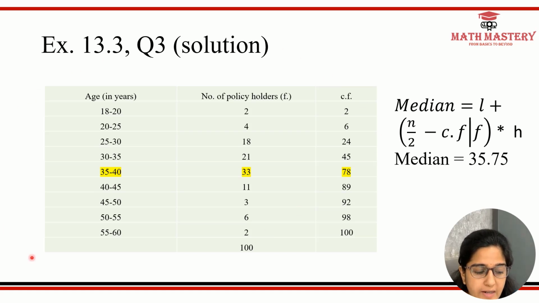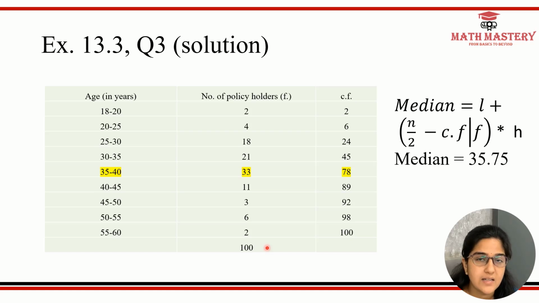Now, once we have identified the frequencies, the next step is simple, as I have explained in the previous example also. You have to first identify the median class interval, and then calculate the median. In this case, n is equal to 100.